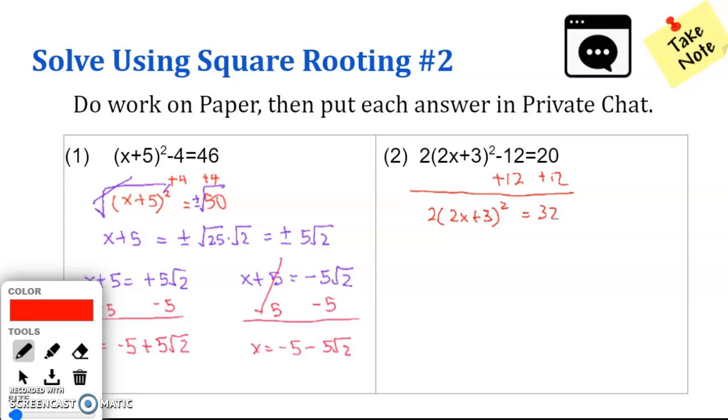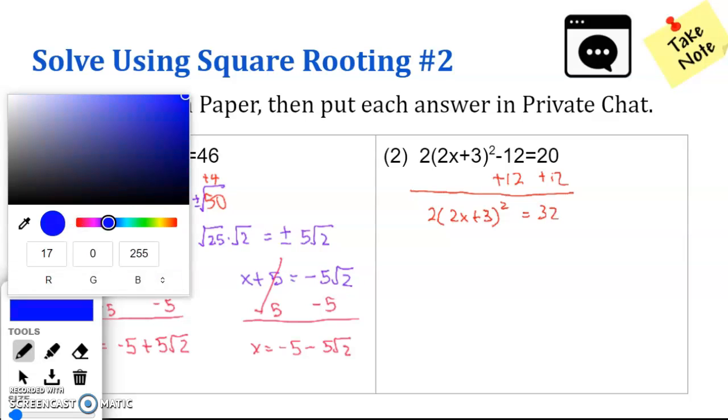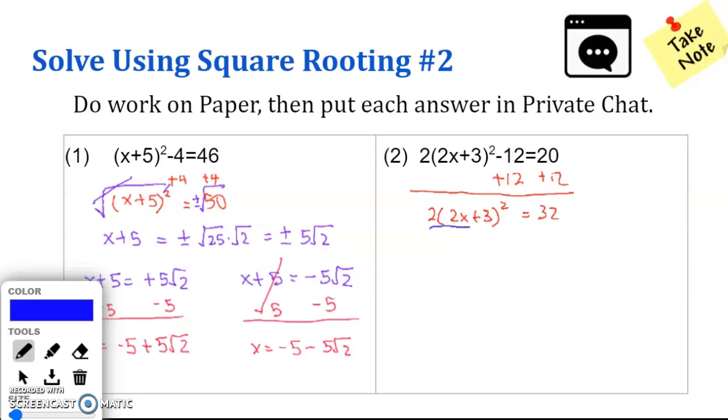Then from here I am going to divide both sides by 2 because I know that 2 is being multiplied to the squared term. That leaves me with (2x plus 3) all squared is going to be equal to 32 divided by 2, which is 16.